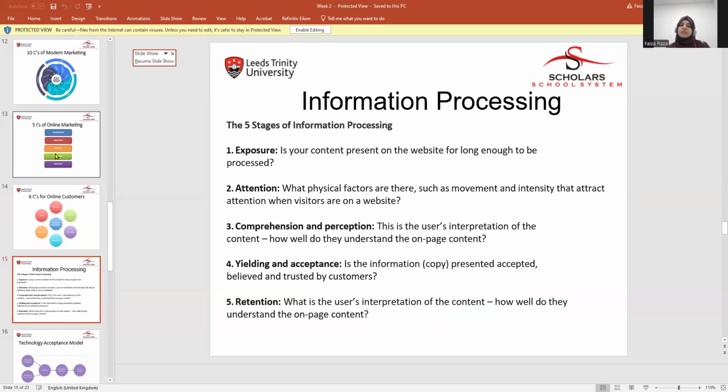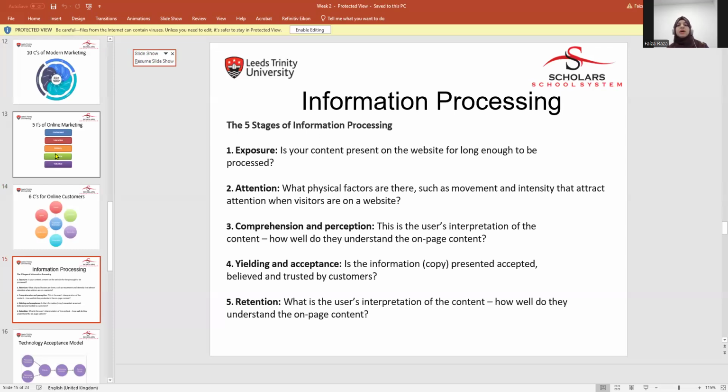Then information processing. The 5 stages of information processing are, first, exposure: is your content present on the website for long enough to be processed? The second is attention: what physical factors, such as movement and intensity, attract attention when visitors are on a website?